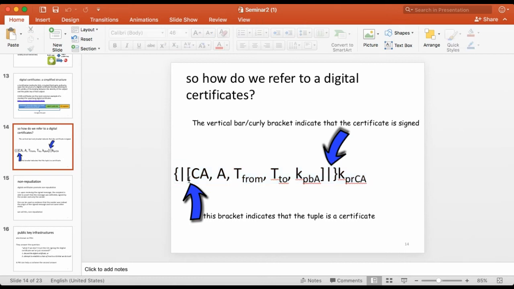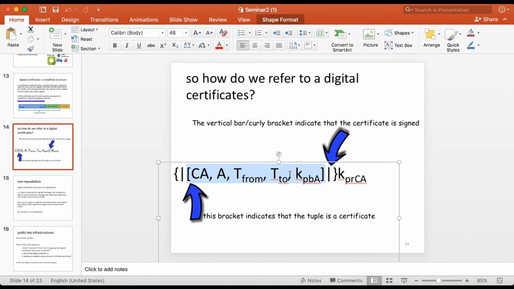First of all, we include inside a 5-element tuple, which consists of the certification authority's name or identity, the identity of the subject, for example, Alice or Bob, the validity period of the certificate, so the time stamp from which the certificate is valid, to another time stamp representing the end or the expiry date and time of the certificate, and finally the most important bit, of course, is the public key itself for Alice or the subject.